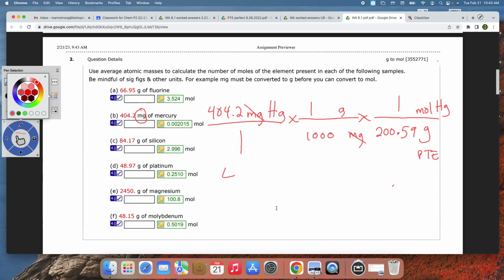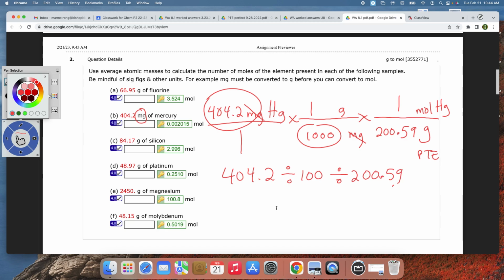And in my calculator, I'll go 404.2 divided by 1,000, because 404 is on the top, 1,000 is on the bottom. I'll hit enter. And then I will divide 200.59 into that answer because it's still on the bottom.